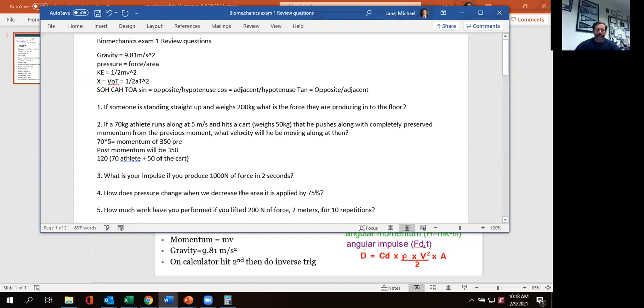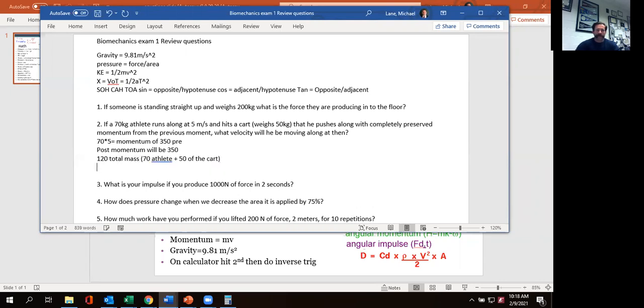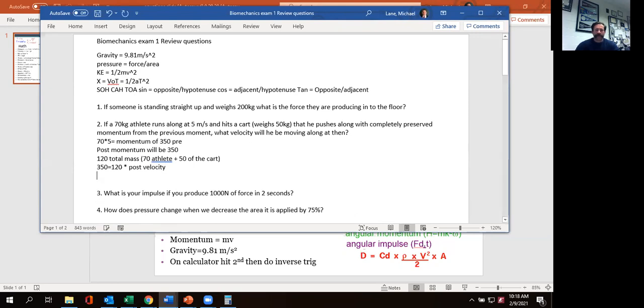So that means what we have is now 350 equals 120 multiplied by the post velocity. So our new velocity is going to be 350 divided by 120 equals our post velocity, which is going to be equal to about 2.92.